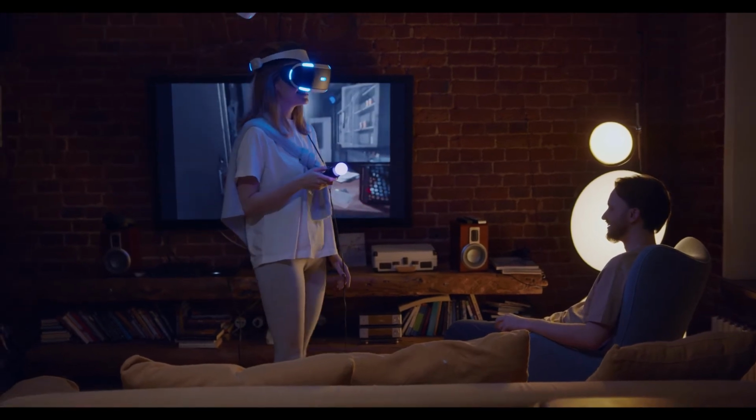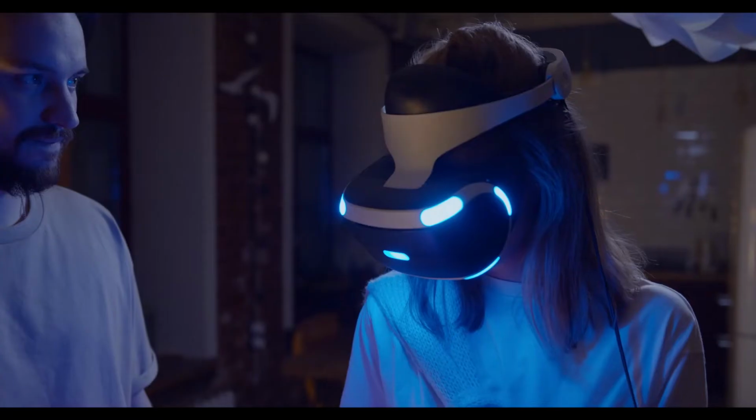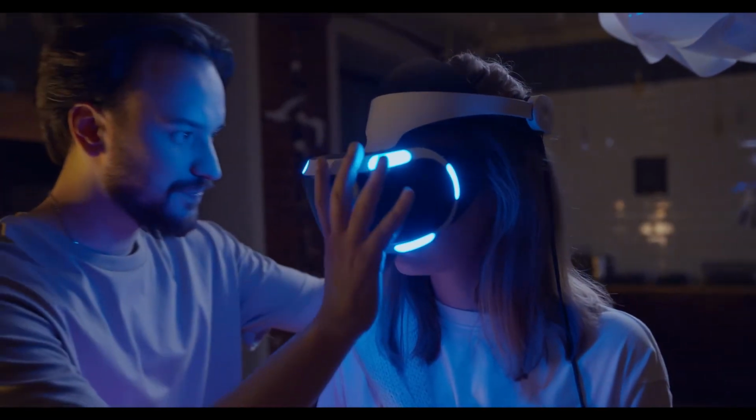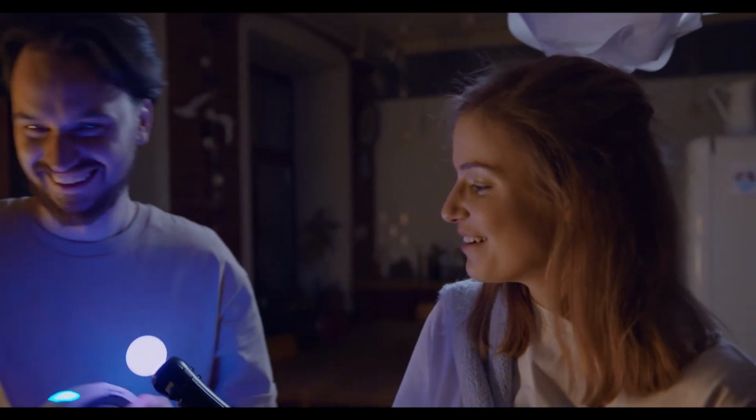Now, with the Snapdragon XR2 chip, I do believe it's going to push the Oculus Quest to that Xbox 360 and PS3 graphics performance. And this is really a good thing, because what puts many people off from getting into wireless VR is the graphics. You could connect your VR to your computer and get amazing graphics, but nobody wants to have a cable all over the place. They want wireless VR.